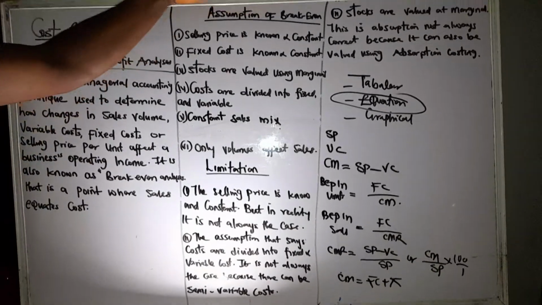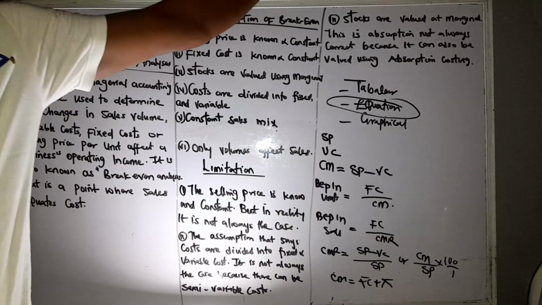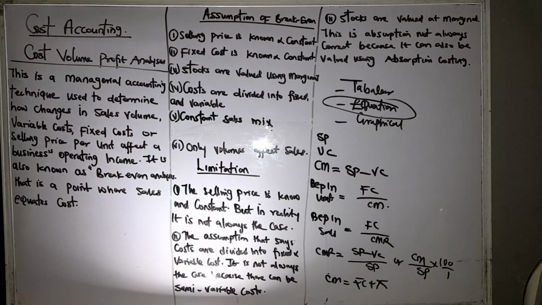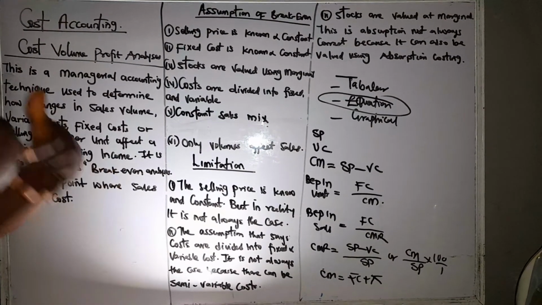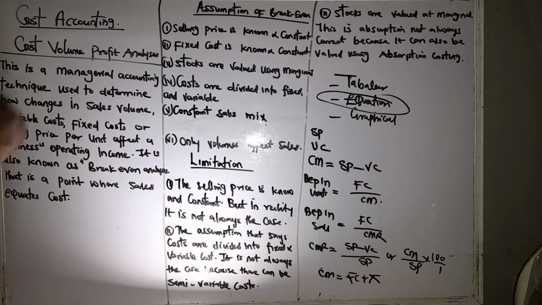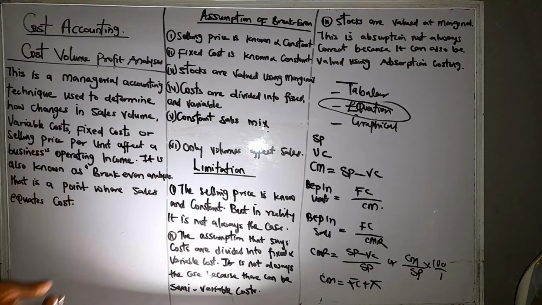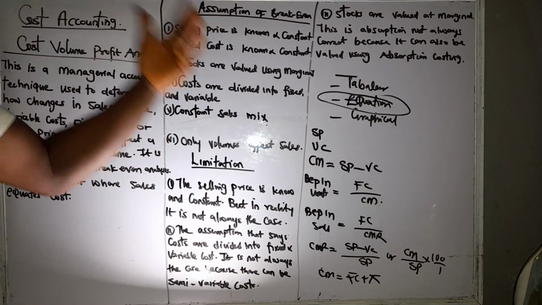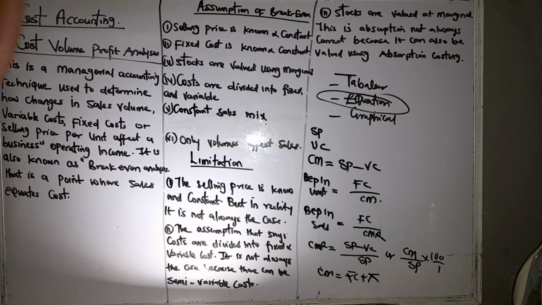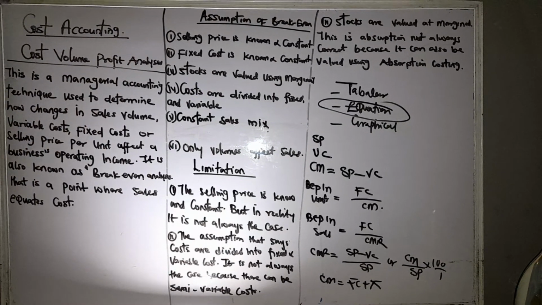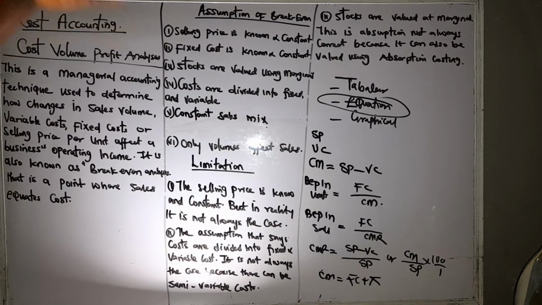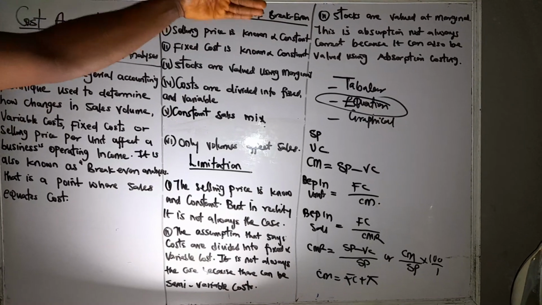So this topic, I will cover the single product and the multiple product, whereby you have a company that produces different products. That means there will be different selling prices, different variable costs, and different fixed costs. So when we get to that stage, I will do more explanation on that. But for now, I'll be starting with a single product.